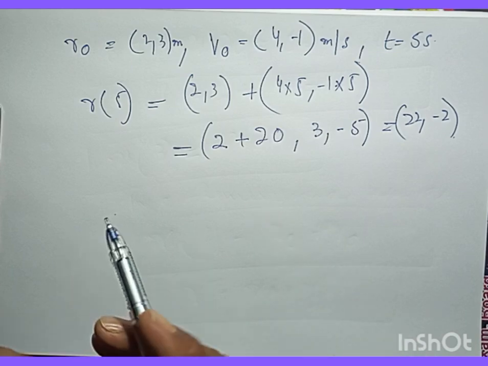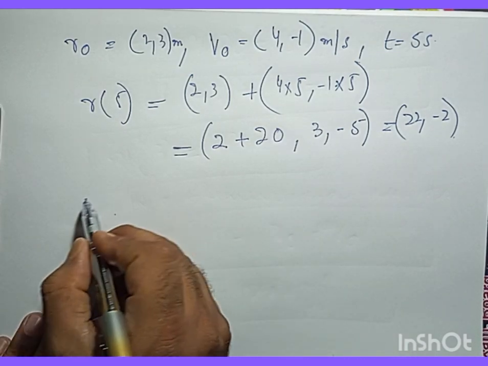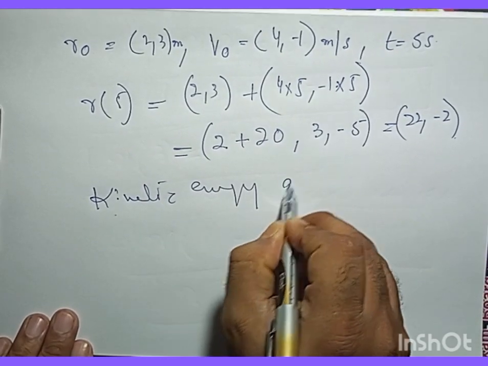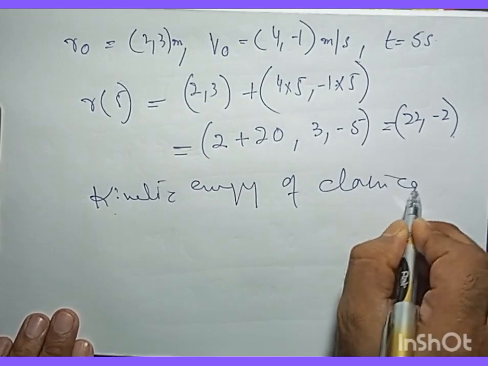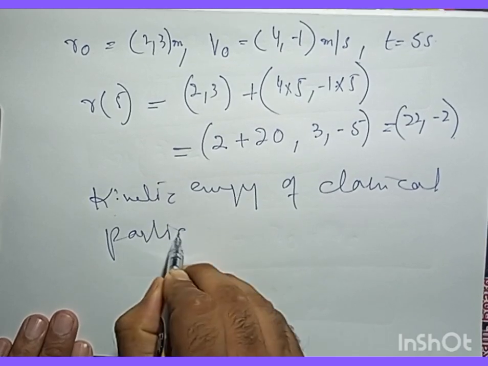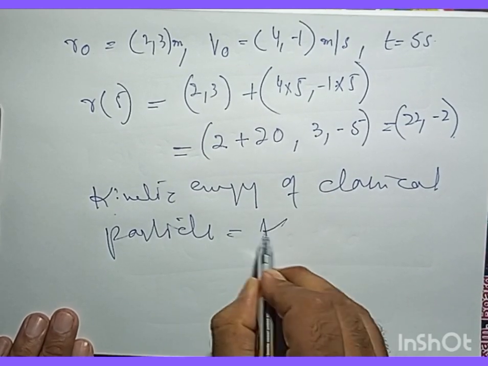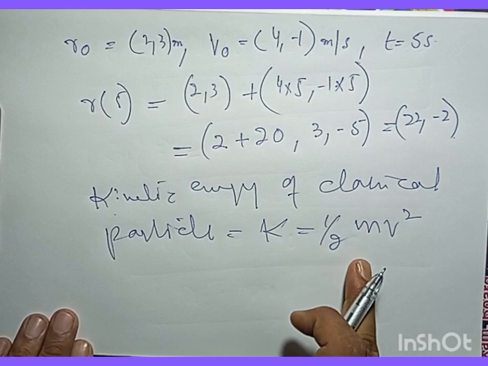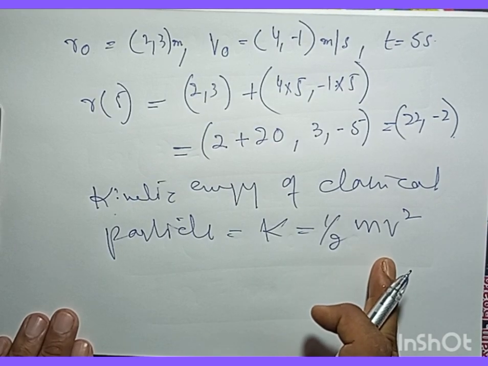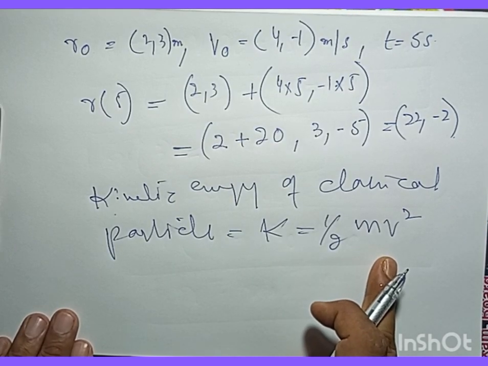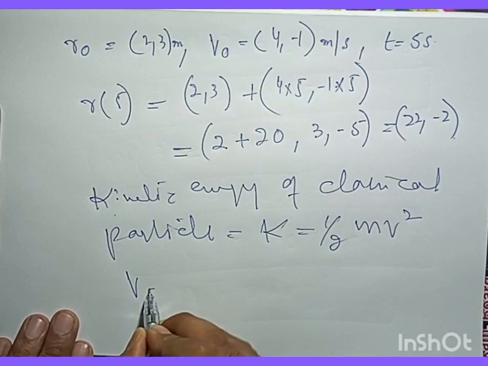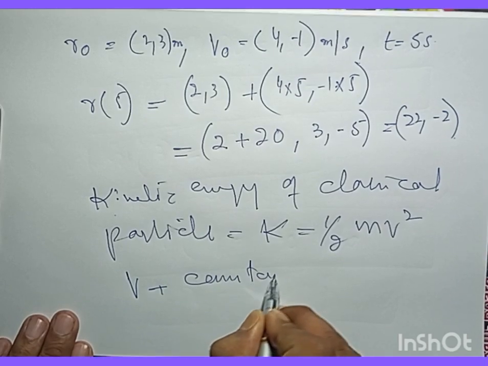We have the kinetic energy of this classical particle. K is one half of m v squared, where m is the mass of the object and v is its velocity. Now, why is v constant?